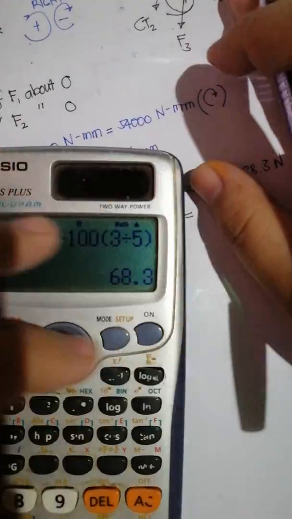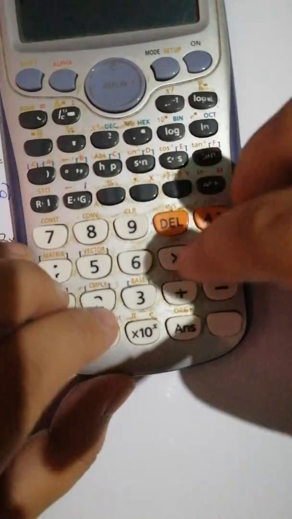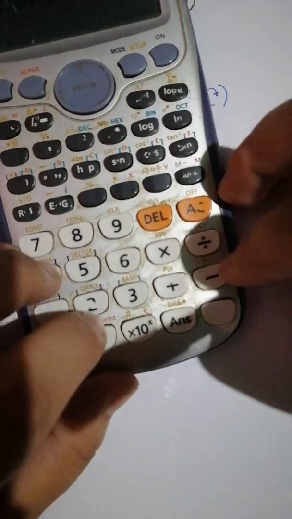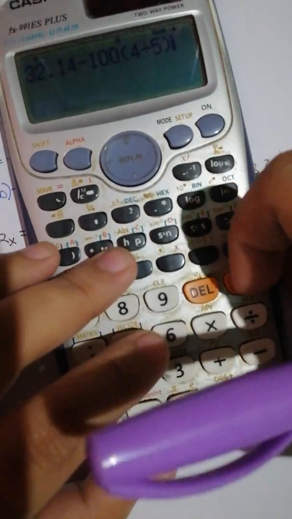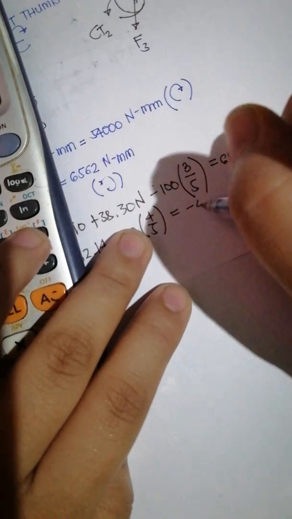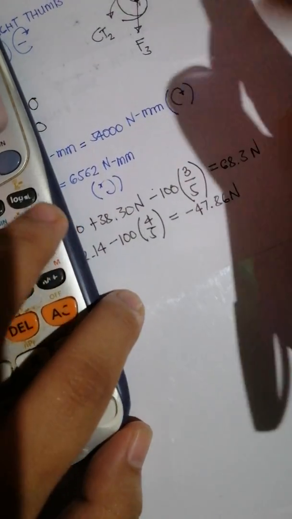So, yung 32.14, we have negative 47.86 newtons. Ayan.